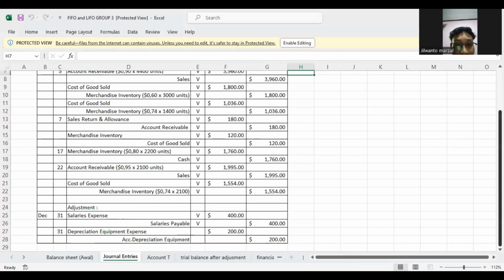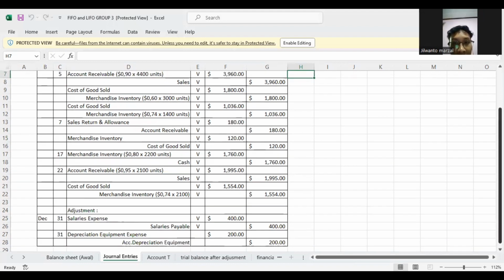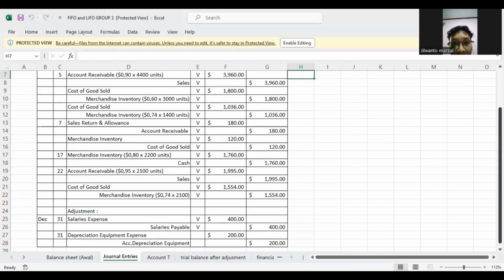Next, December 5, sold 4,400 units of inventory on account for $0.90 per unit. It sold 3,000 of the $0.60 units and 1,400 of the $0.74 units.